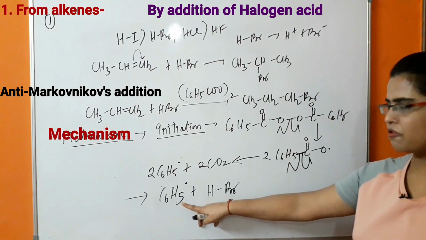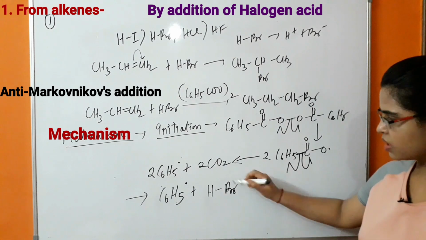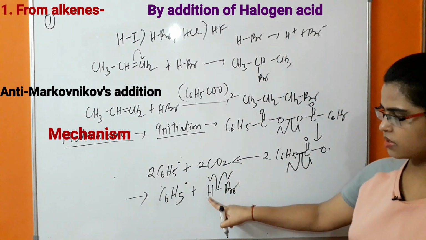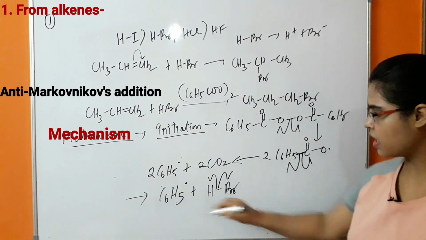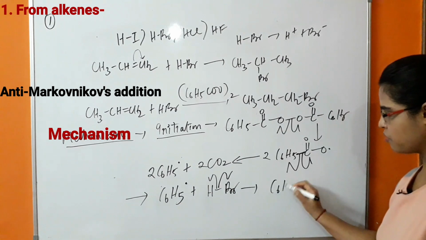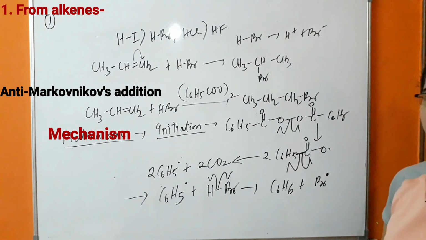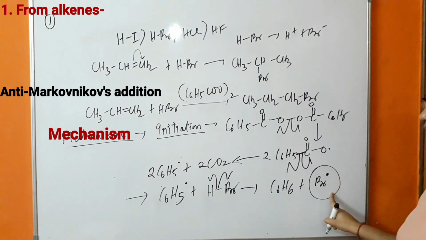Further, in the presence of phenyl free radical, the HBr bond undergoes homolytic fission. The hydrogen free radical combines with the phenyl free radical, forming benzene and generating a Br free radical.